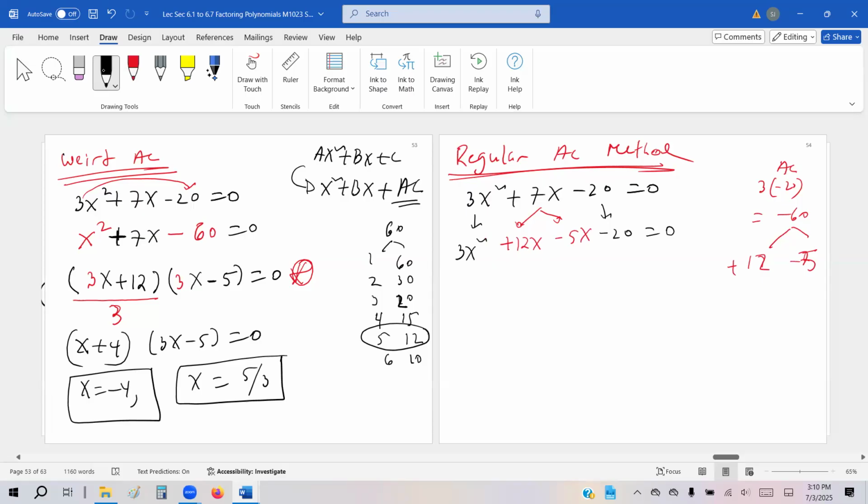So step 1, rewrite 3 terms into 4 terms. Why? Because our goal is to do grouping. And then you look at each group individually. In the first group, what's the common factor? 3x. What remains?